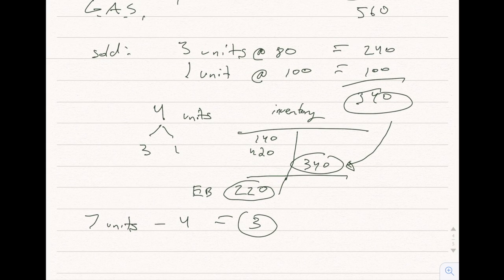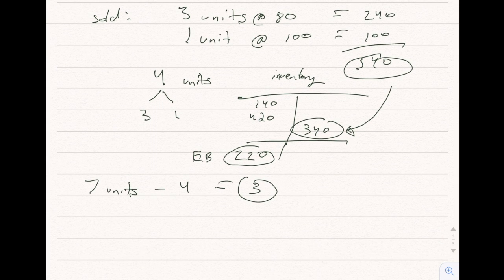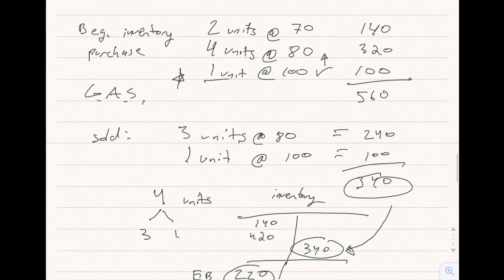Remember I said that LIFO allocates the newest unit costs to cost of goods sold, and the oldest unit cost to ending inventory. So if we're looking at ending inventory, what are the oldest costs? Well, it starts with 70. Okay, so we're going to be able to use 2 of 70 and 1 of 80, right? Because we already used 3 out of the 4.